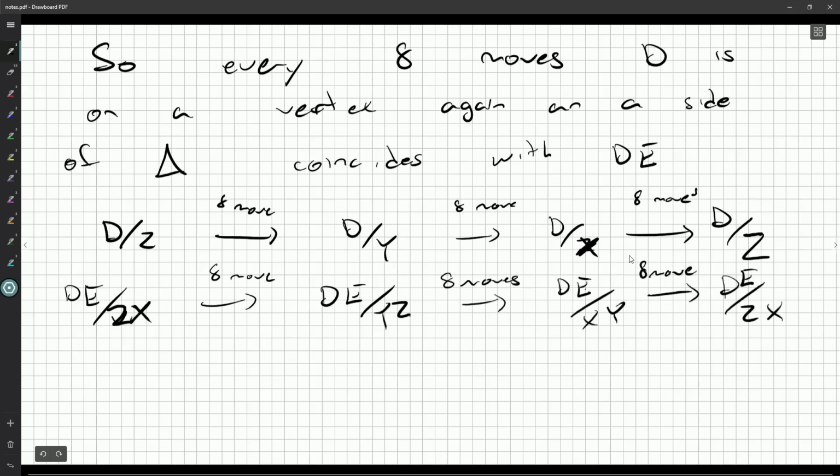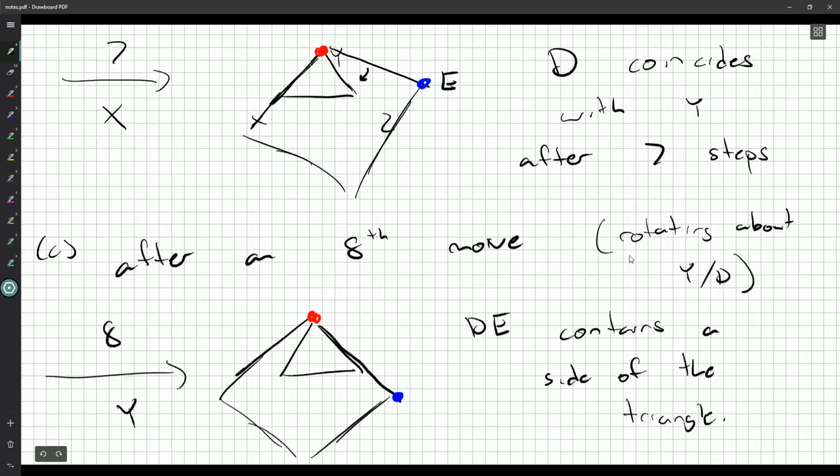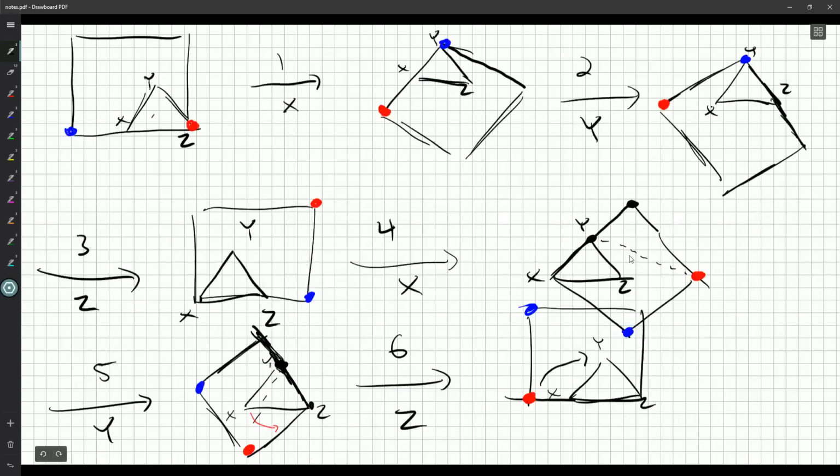Okay. So it takes 24 moves. Does that mean I need to draw 24 pictures, or rather 16 more pictures? I don't think so. It's the same journey every 8 moves, just told from a different perspective, but E doesn't care how we are viewing this particular picture.